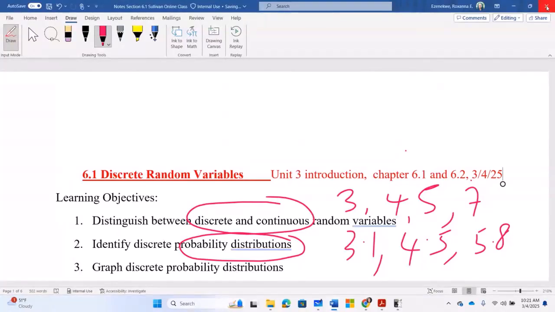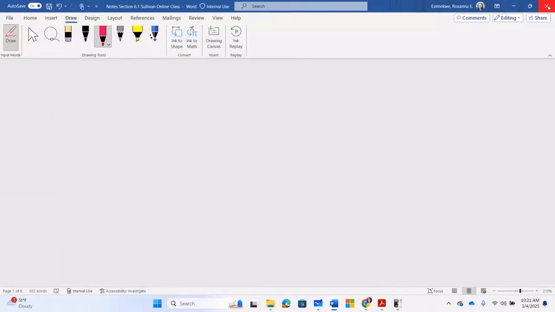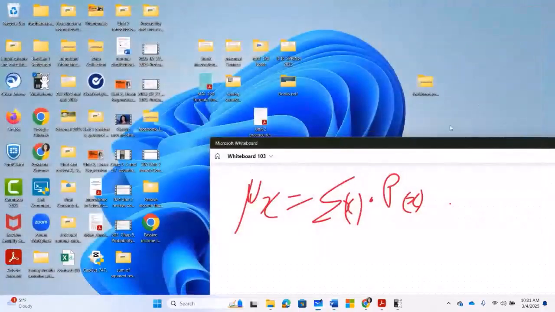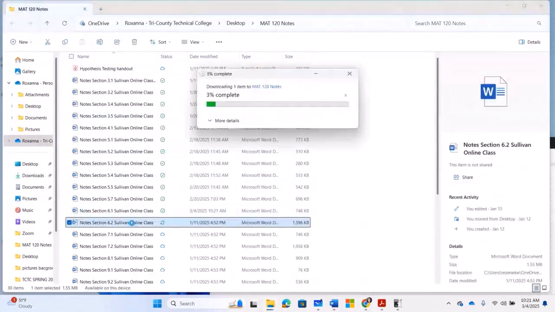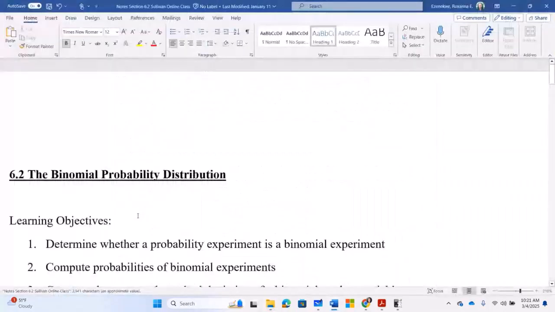So the next thing is 6.2, binomial probability distribution. Okay. So binomial probability distribution is the one that we're going to now. 6.2. So we're doing 2 sections today.